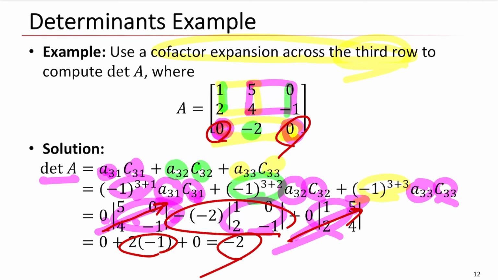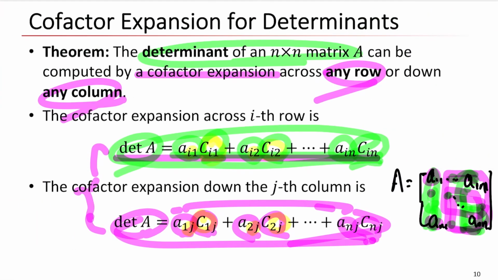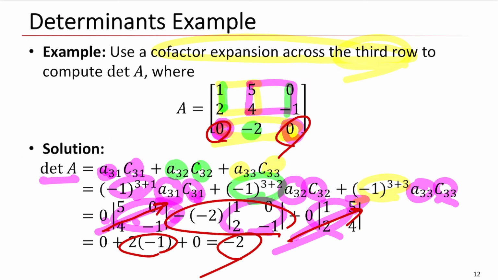Okay, so that's why we generalize the previous way of computing the determinant to this theorem. In other words, we can pick the best column or best row to compute the determinant in an efficient way.